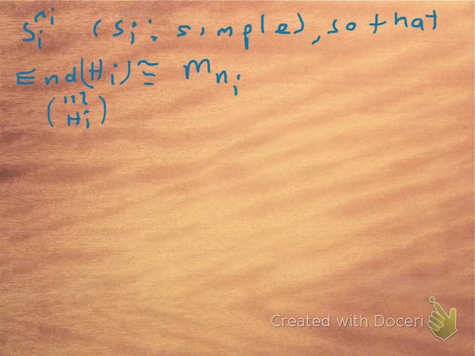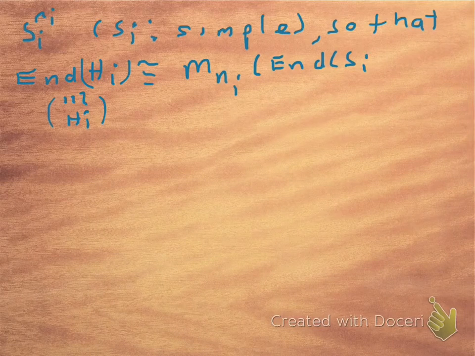Being a direct sum of n_i copies of the module S_i, its endomorphism ring, by a result we proved earlier, is isomorphic to the ring of n_i by n_i square matrices over the endomorphism ring of the simple module S_i.